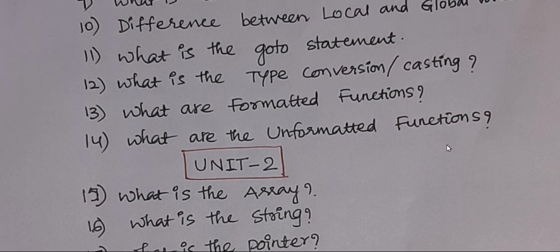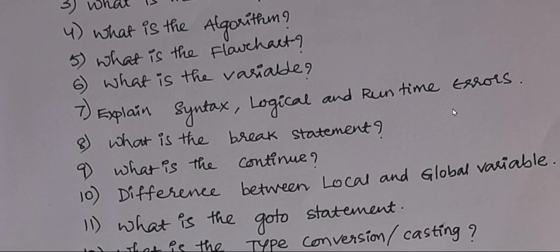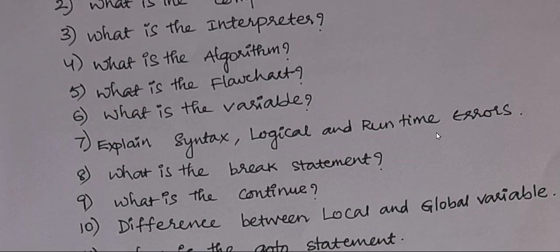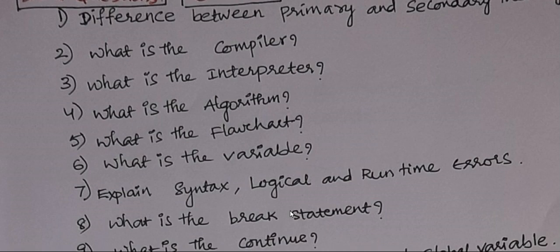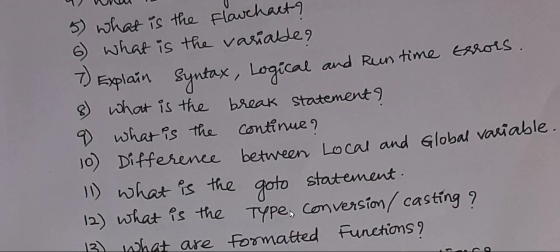So these are the first unit short questions. Difference between primary and secondary memory, compiler, interpreter, algorithm, flowchart, variable, syntax errors, logical errors, runtime errors. Next, what's the break statement?